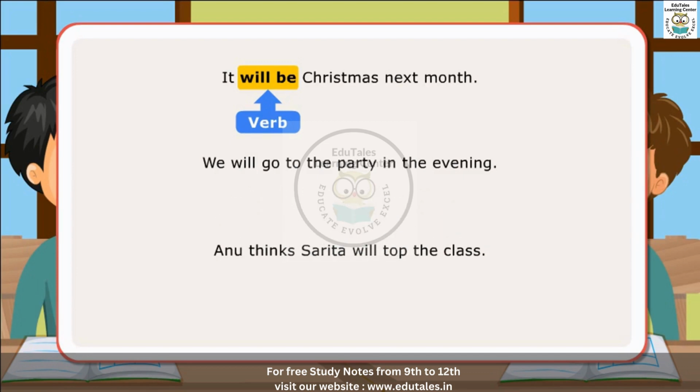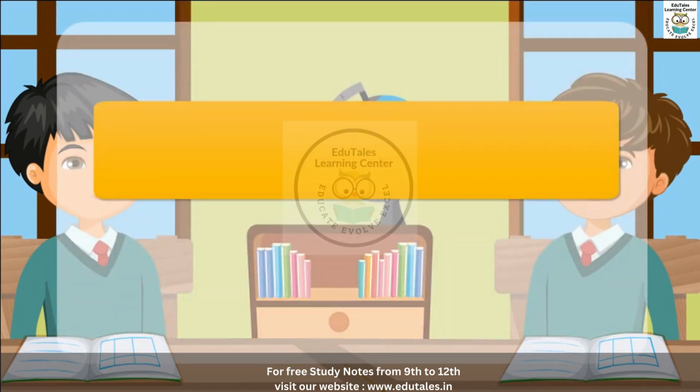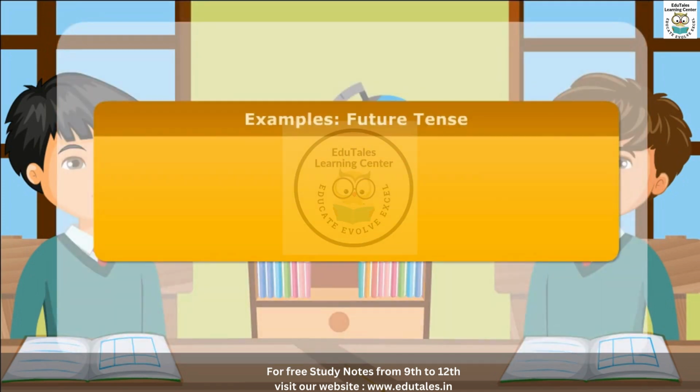In the next sentence, the verb will go is future tense as it tells about an action we believe we will take in future. In the third sentence, the verb will top is again future tense, since it expresses something Anu thinks will happen in future time.